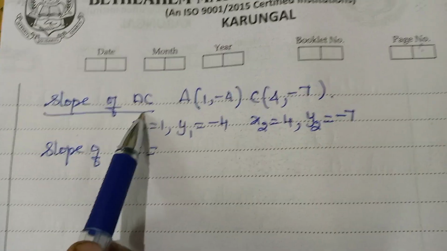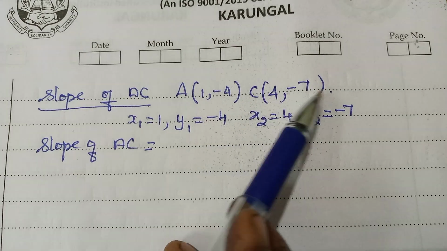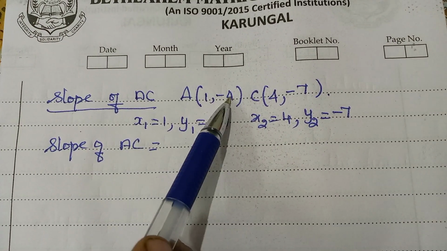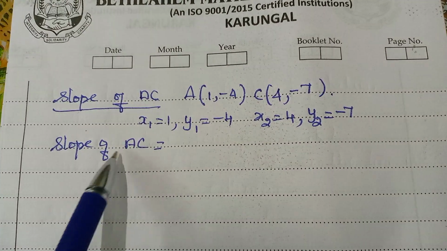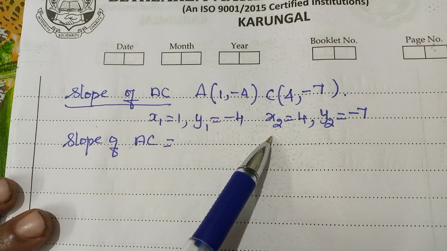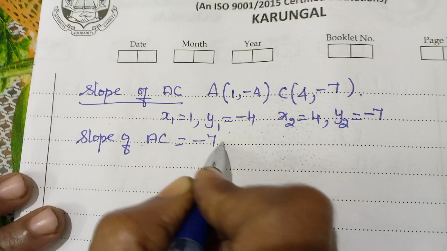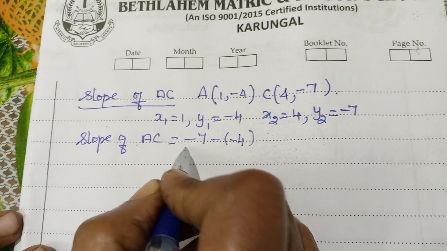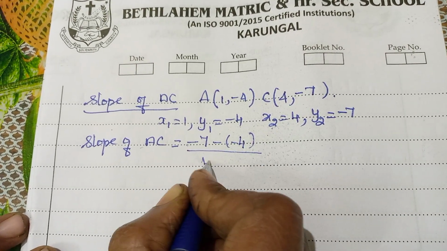Let us find the slope of AC. A of 1 comma minus 4, C of 4 comma minus 7. X1 equal to 1, Y1 is equal to minus 4, X2 equal to 4, Y2 is equal to minus 7. So slope of AC equals Y2 minus Y1, that is minus 7 minus minus 4, divided by x2 minus x1, that is 4 minus 1.